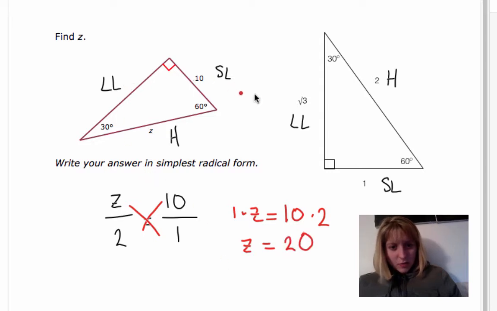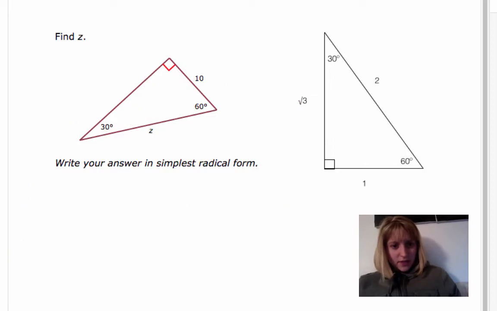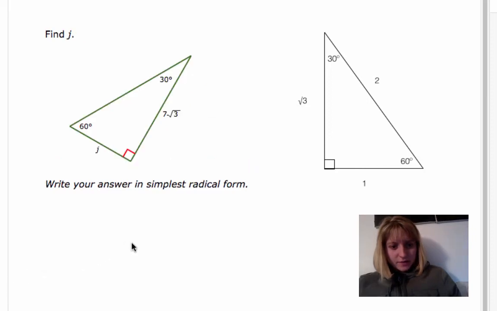Now, it gets a little bit more complicated when you have a problem with radicals in it. So let's take a look at one more 30, 60, 90 triangle. This one, let's label our spots here. We've got hypotenuse, long leg, short leg.